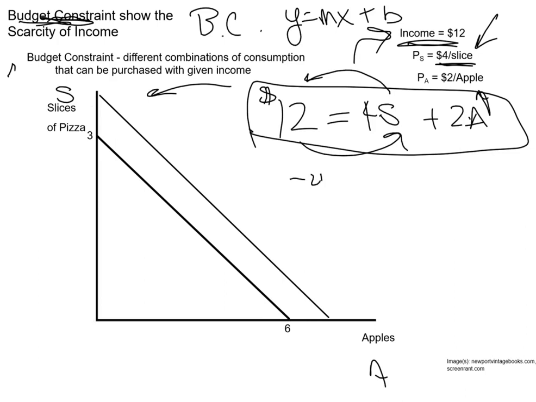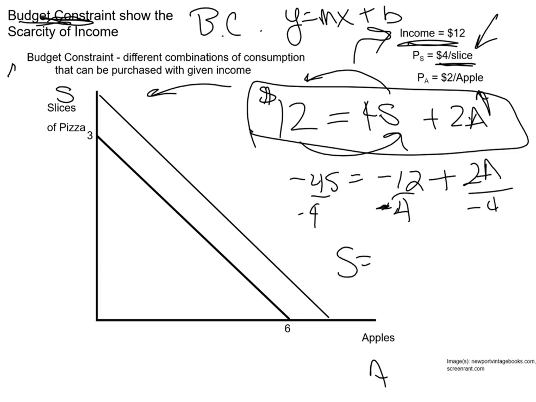So I've got negative 4S equals negative 12 plus 2A. And let's go ahead and divide through by 4. Oh, sorry, not 4, but negative 4, right? Negative 4. What do we end up with? S is equal to 3 minus 0.5A.